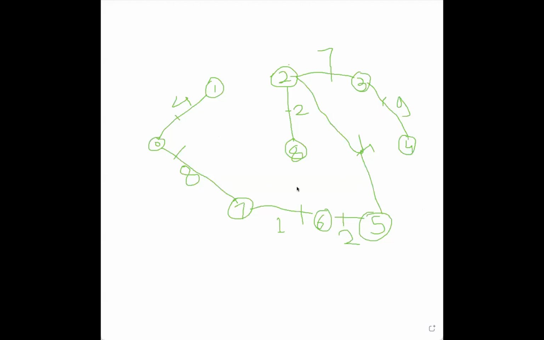Now all of you can see these slides. I think you can see them here. Did you all get Kruskal's algorithm?